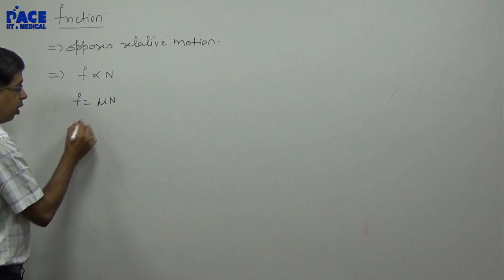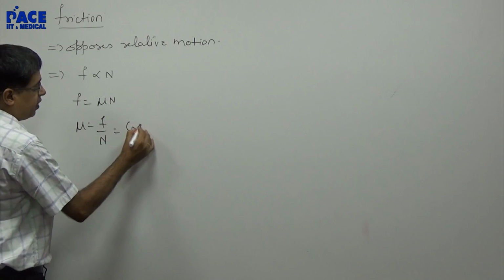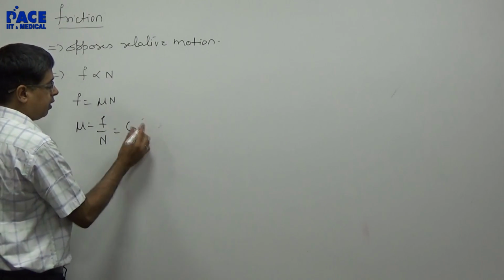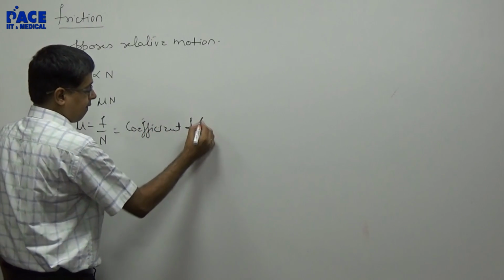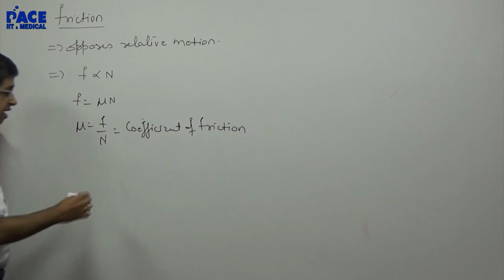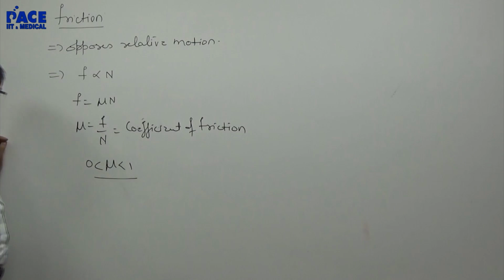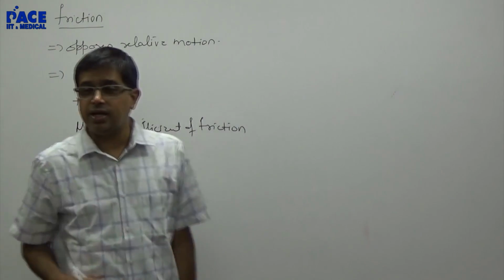What is this mu called? Coefficient of friction. Generally, for practical reasons, mu will be less than 1, greater than 0. Are you trying to tell me that theoretically mu can even be greater than 1?